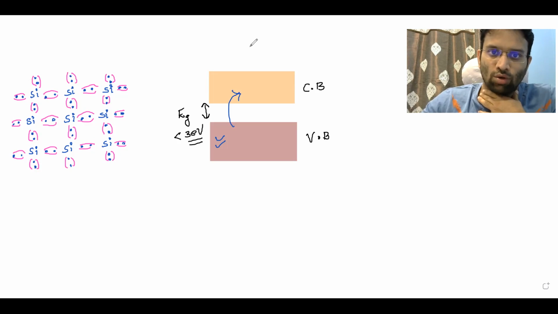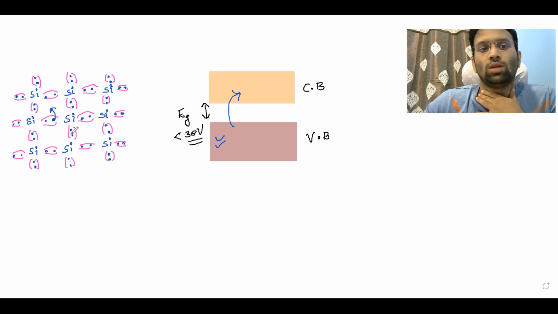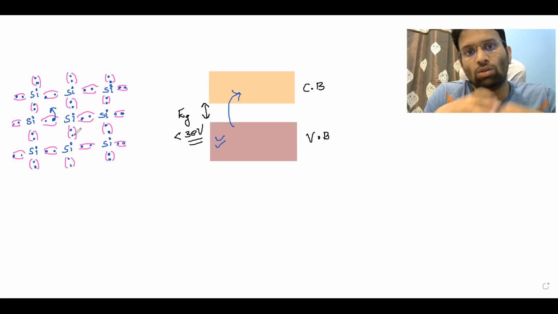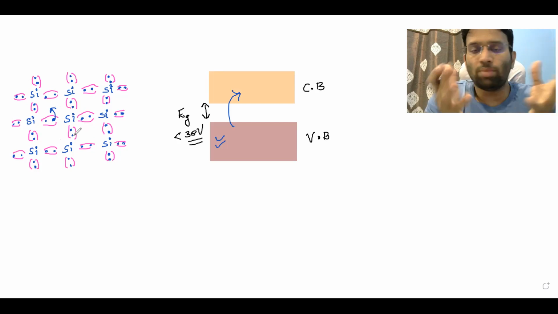So if I have to show the same thing in the crystal lattice, an electron somewhere here jumps into an open space wherein it is not controlled by nuclei. It is controlled by the overall electric field of all the nuclei, but it is not bound to any particular nucleus. It can freely roam around. That is basically the conduction band electron.